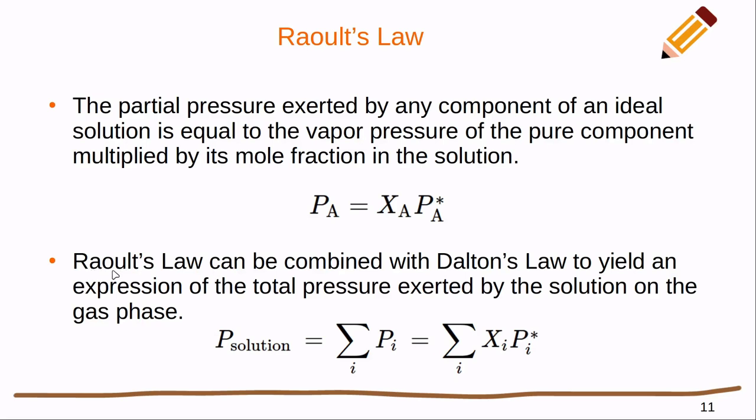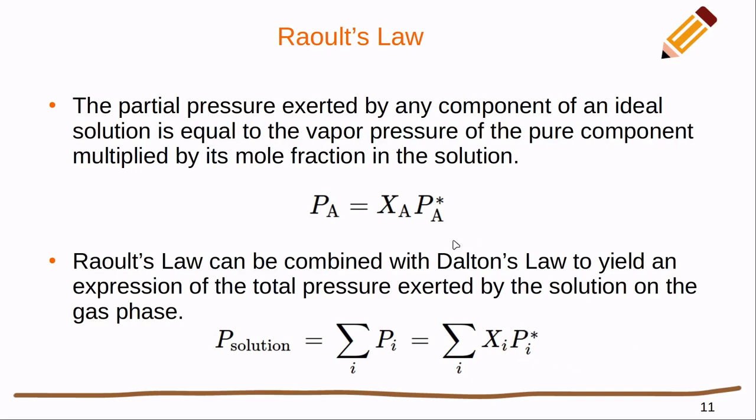We can combine Raoult's law with Dalton's law, which said that the sum of the partial pressures is the overall pressure. And we can replace the partial pressure of the components with their mole fraction multiplied by their pure partial pressure.